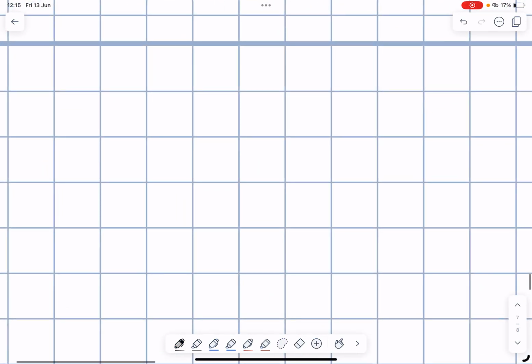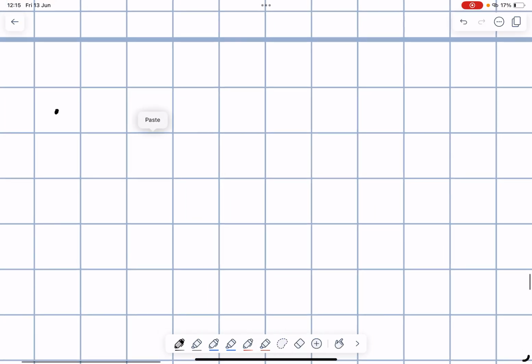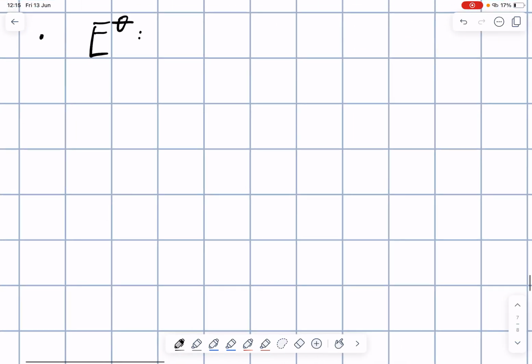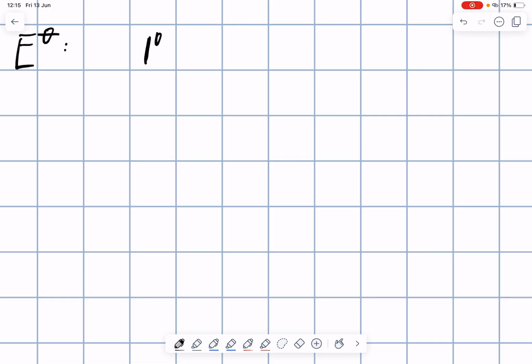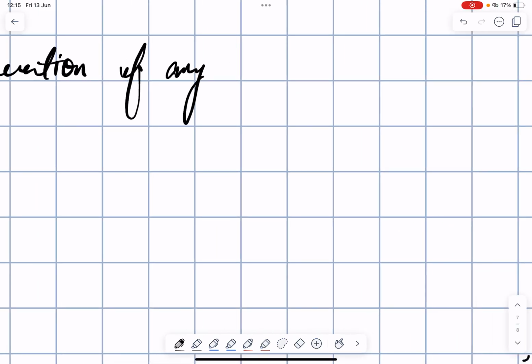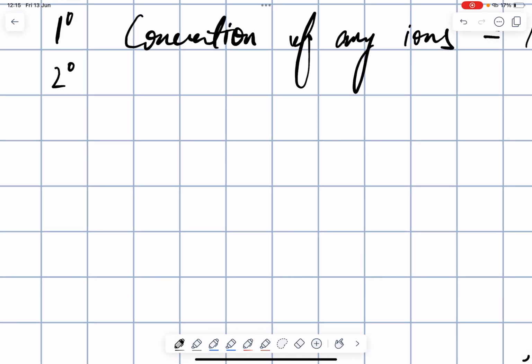So we were always referring to standard electrode potential. What are the factors, the conditions of this? First, the concentration of any ions has to be 1 mole per decimeter cubed, and temperature is 25 degrees.